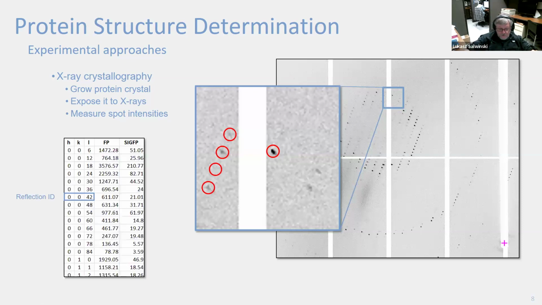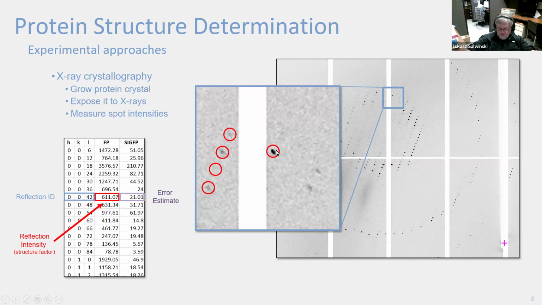And at the very end you end up with an identifier of a given spot. It's provided as a set of indices. Three numbers specify which of the spots you're looking at. And then for each spot, we do have intensity, how strong the spot is, plus we can estimate in some way the error, how accurately you can measure given intensity.